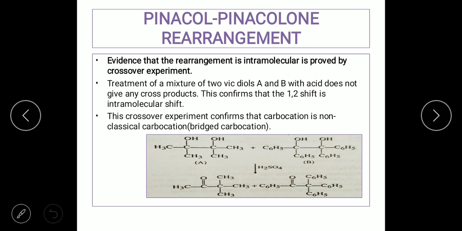That is the meaning of intramolecular, and this has been proved by crossover experiments, wherein there were no cross products formed. This crossover experiment confirms that the carbocation is a non-classical, bridged carbocation. So this is another proof that this rearrangement takes place with a bridged carbocation that is generated, as well as a classical carbocation.